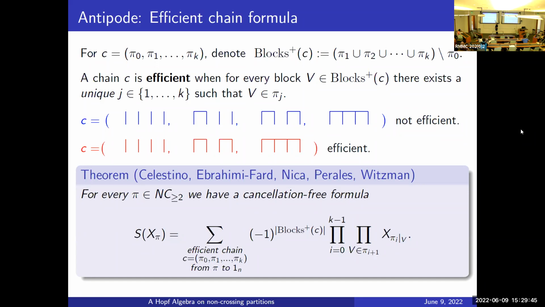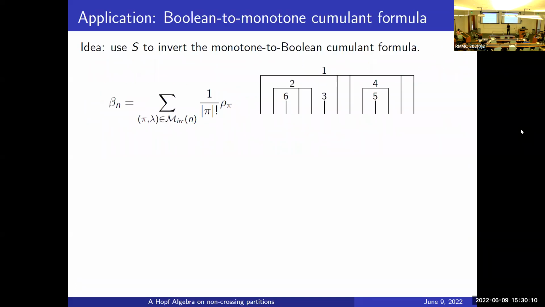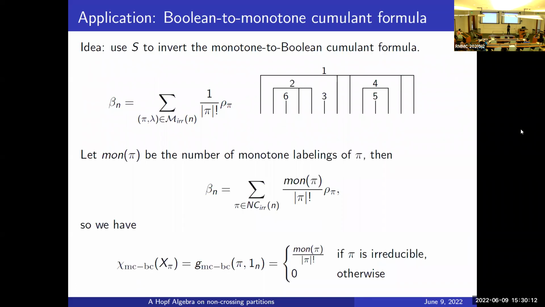If you do the same in the blue one, you will get exactly the same monomial. In the previous formula, they will cancel because they will have different signs. In this case, you only consider the second one, which is efficient, and you get the sign that you need. I can tell you more about this if any of you is interested, but let me just go quickly to the last slide.